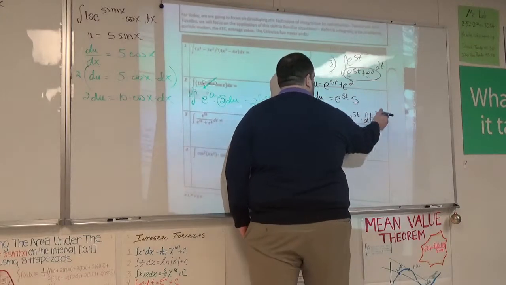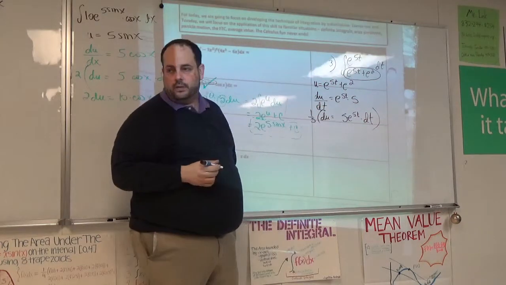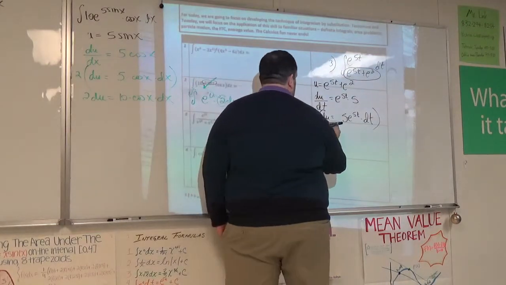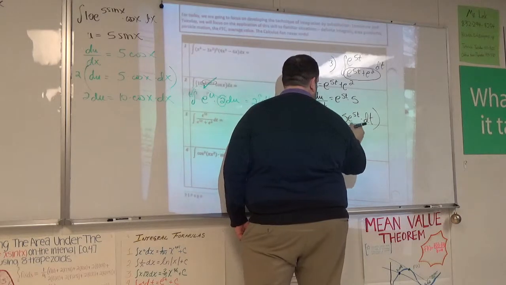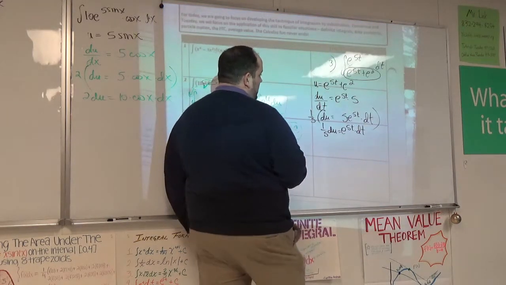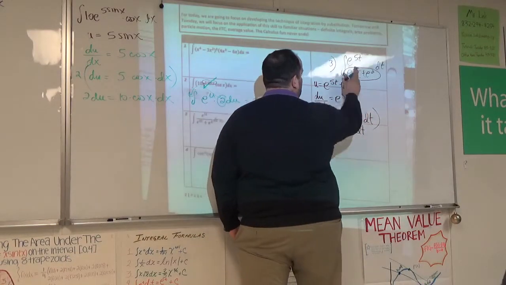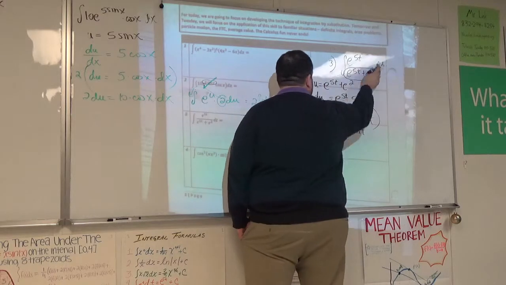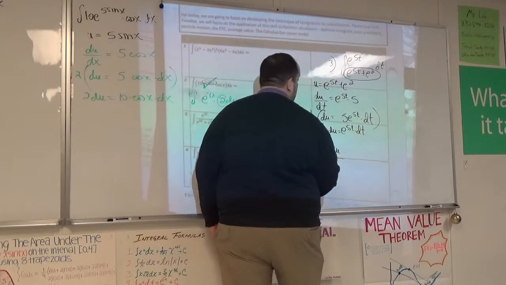What I can do is multiply both sides by 1/5. Then 1/5 du is equal to e to the 5t dt. When I go up here to rewrite the integral, instead of e to the 5t and dt, I'm going to write 1/5 du.